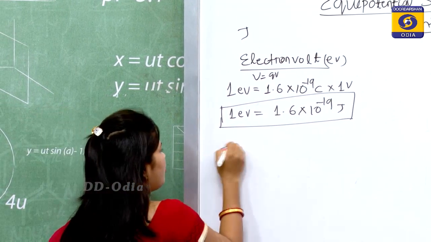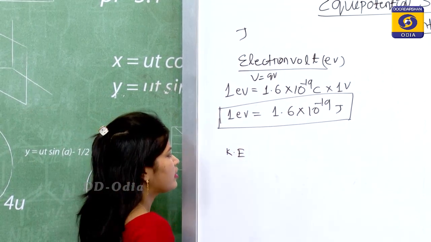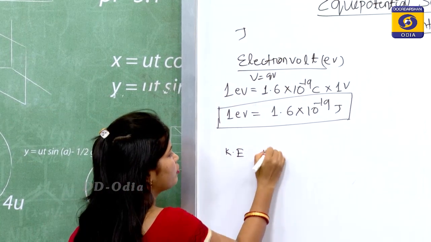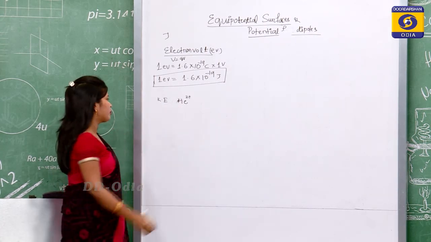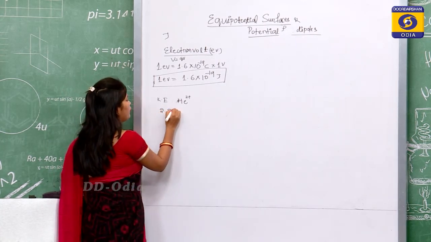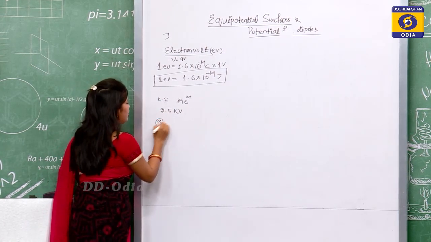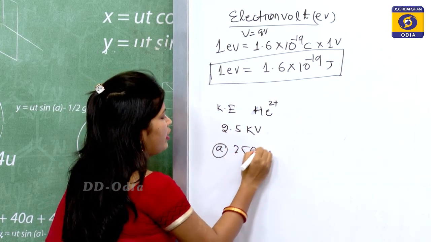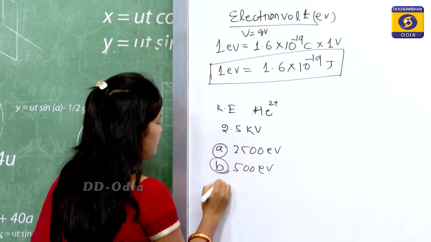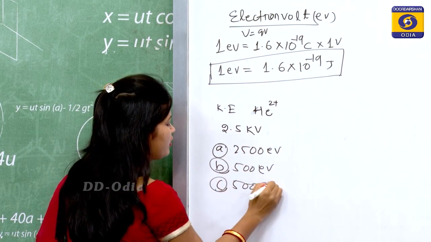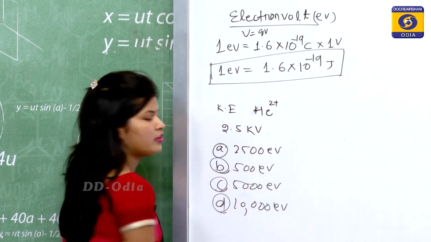Okay. Now, the answer to my question: what is the kinetic energy of a helium plus 2 ion released from rest and accelerated through a potential difference of 2.5 kilovolt? The options are 2500 electron volt, 500 electron volt, 5000 electron volt, 10,000 electron volt. What is the answer?